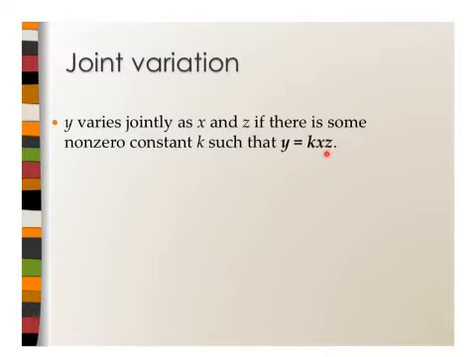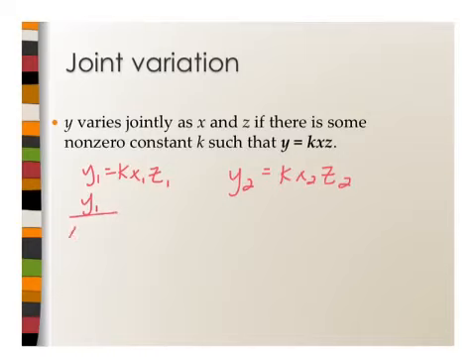I also want to point out that just like with direct variation, there's another way to think about this. If we have y1 is equal to k times x1 times z1, and another relationship that's the same, y2 equals k times x2 times z2, and we solve each of these equations for k, we'll have y1 over x1 z1 is equal to k, and y2 divided by x2 z2 is equal to k.